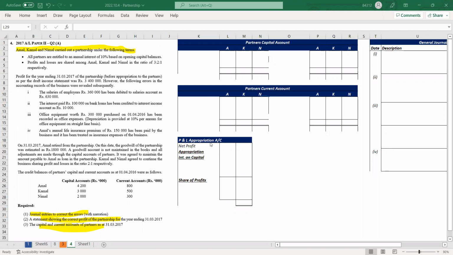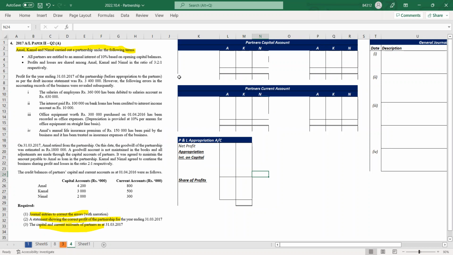Okay, so let's quickly do this question. All partners are entitled to an annual interest of 10% based on opening capital balance.